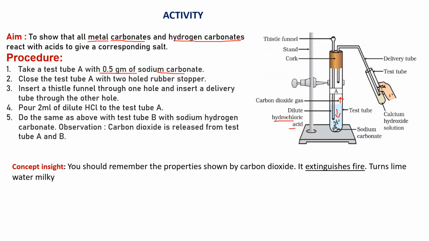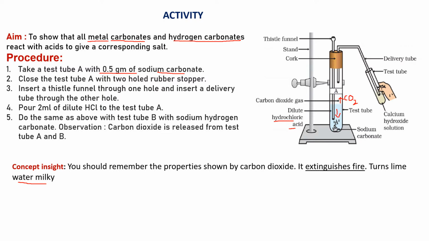Calcium hydroxide is also known as lime water. You must have heard lime water many times. When this gas is passed through lime water, the lime water turns milky. Can you tell me which gas is evolving? Yes, this is carbon dioxide. Carbon dioxide turns lime water milky.